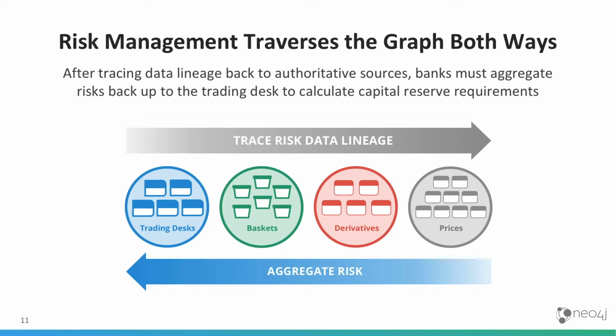So as I mentioned before, tracing the lineage is going from left to right, from trading desk down to the prices, and the risk is being aggregated upstream from the prices back up to the trading desk.